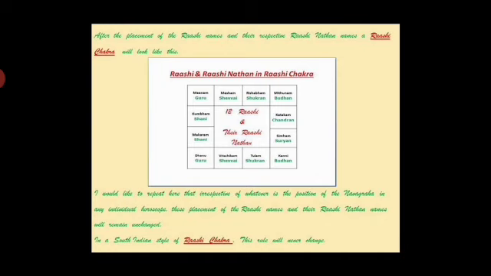I would like to repeat here that irrespective of whatever is the position of the Navagraha in any individual horoscope, these placement of the Rashi names and their Rashi Nathan names will remain unchanged. In a South Indian style of Rashi Chakra, this rule will never change.